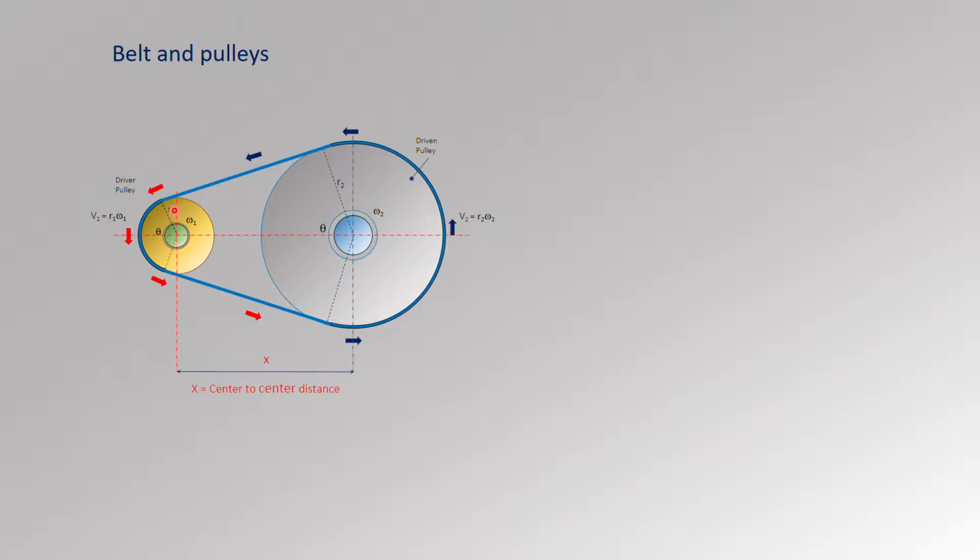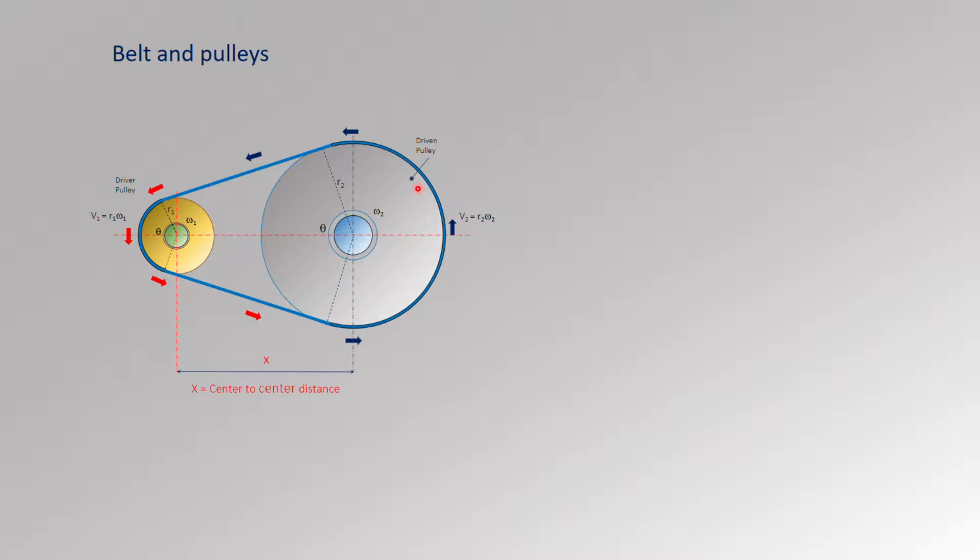When you refer to pulley 1, you will have a tangential speed of R1 omega 1, where R1 is the radius of the smaller pulley and omega 1 is the speed of the smaller pulley, which is mounted on a driving shaft. For this, we can say the shafts are parallel shafts, so you can use belt and pulley drives here.